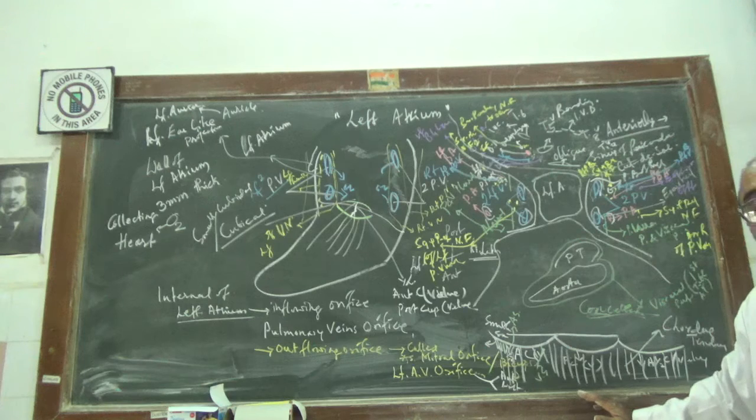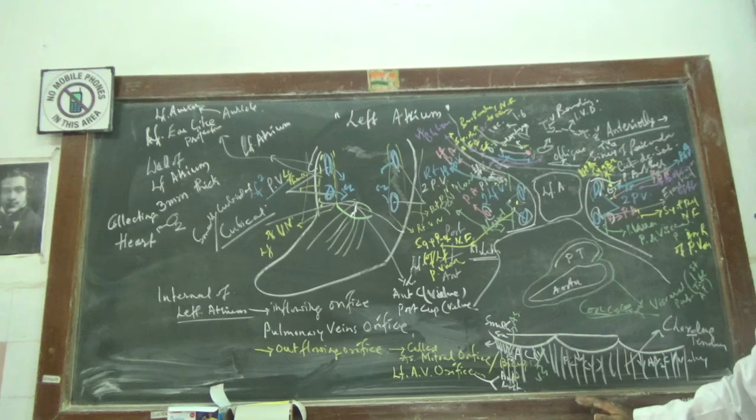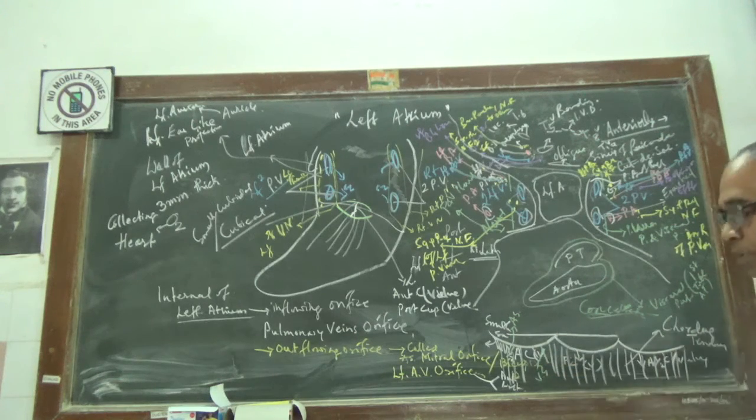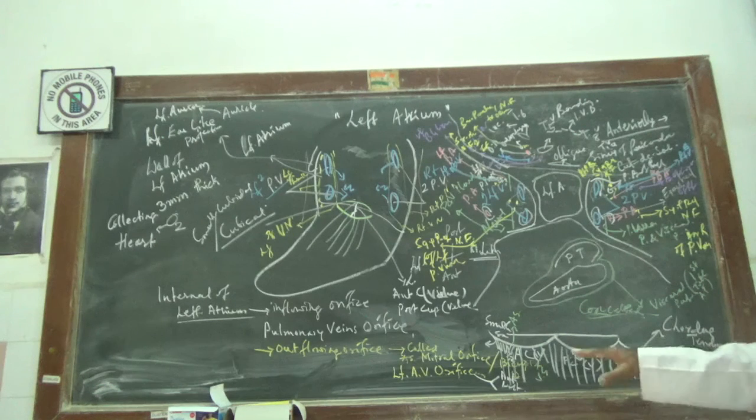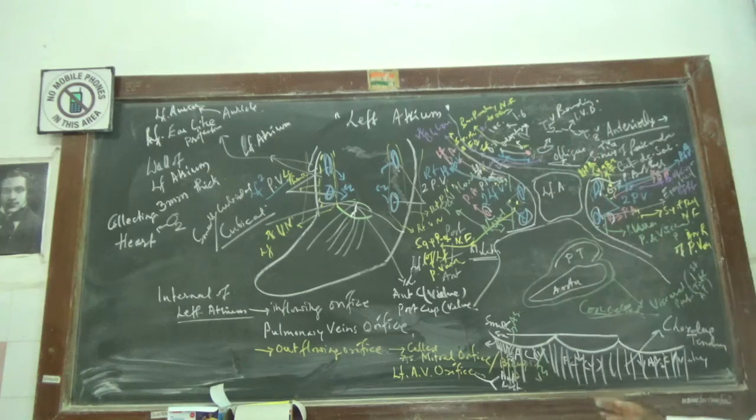Of the mitral or bicuspid valve, or left atrioventricular valve, the chordae tendineae are a little bit lesser in number than in the right atrioventricular orifice or tricuspid, because here there are 2 cusps, there 3 cusps.